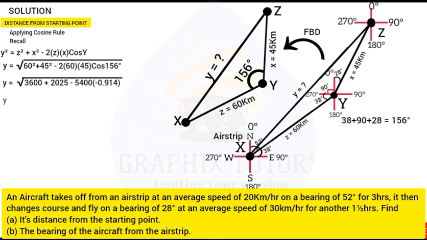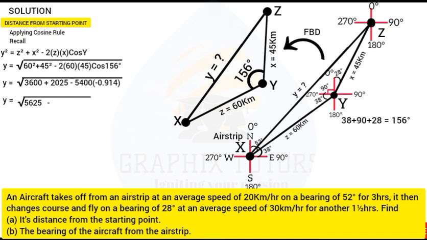So this will now give me the square root of 3600 plus 2025, which gives 5625 as the addition of both of them.